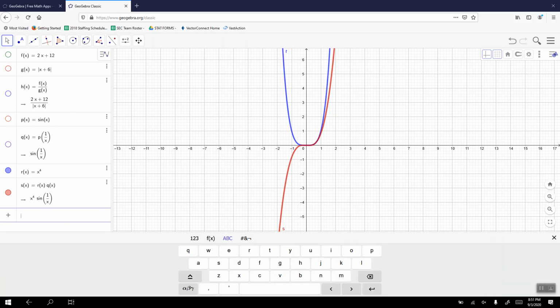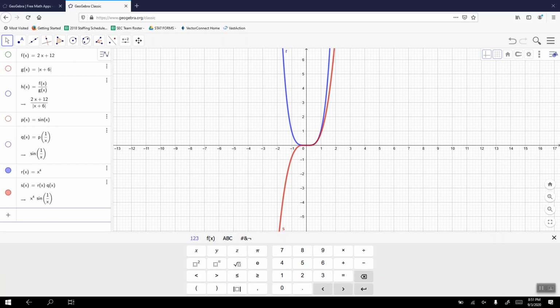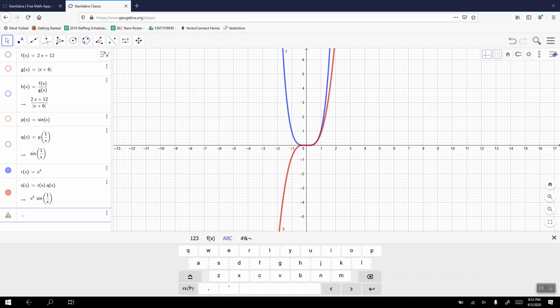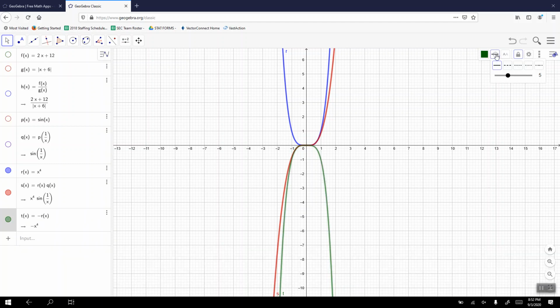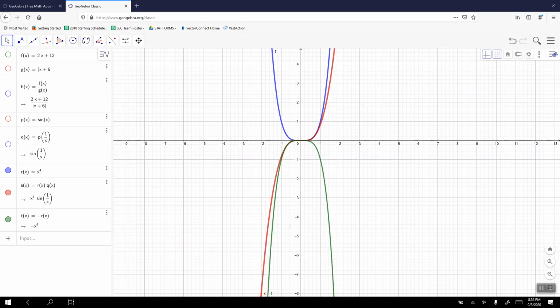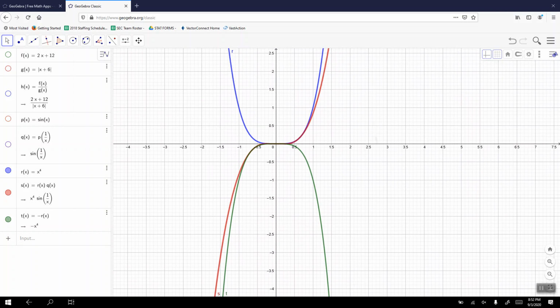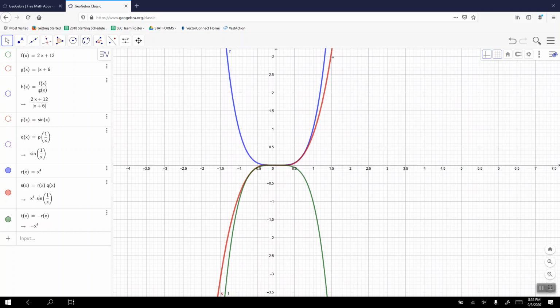Now I'm also going to continue with a different function, because we bounded it from below with negative x to the 4th, and that's this function here. So I want you to start observing that our red function is bounded above by this blue function, which was x to the 4th.